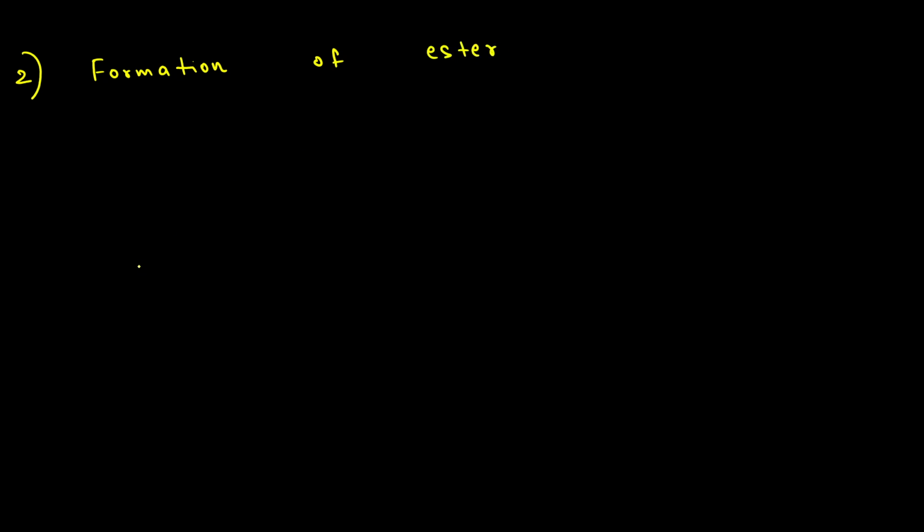The procedure to perform this particular test is already given in your RC Shah book. So now let us study the reaction mechanism, how carboxylic acid reacts with an alcohol to form the ester.